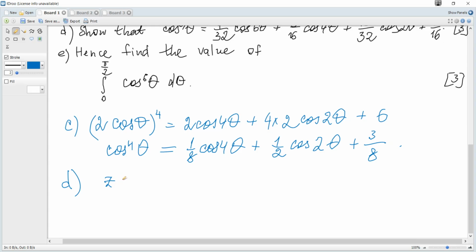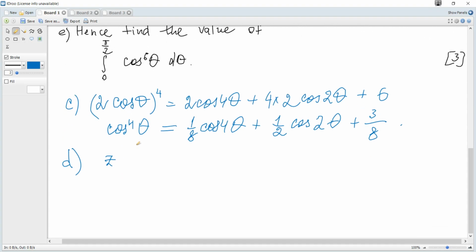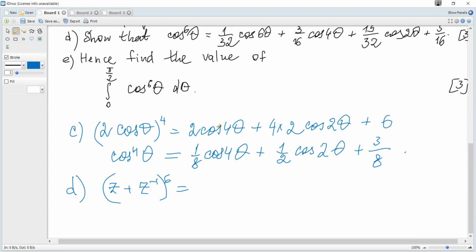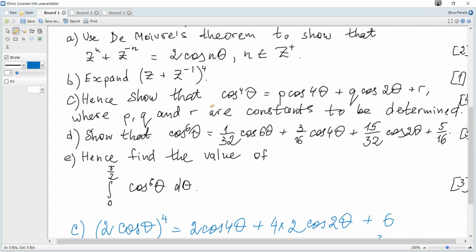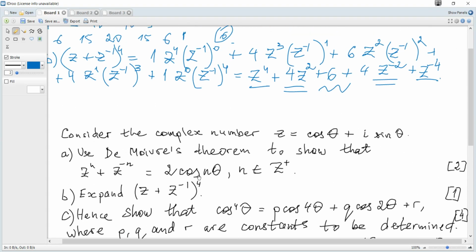I will write it again to avoid mistakes, but if you can guess, you may write it directly. So (z plus z to negative 1) to the power of 6 is equal to the expansion. The coefficients are here.